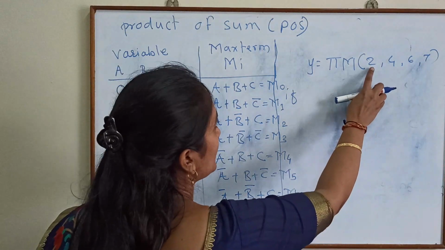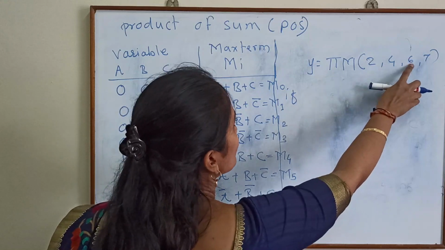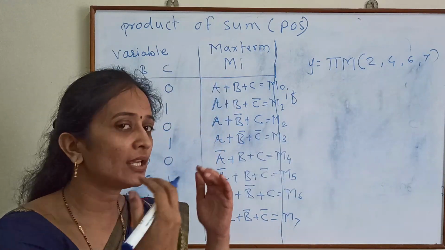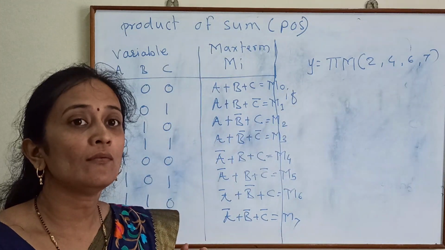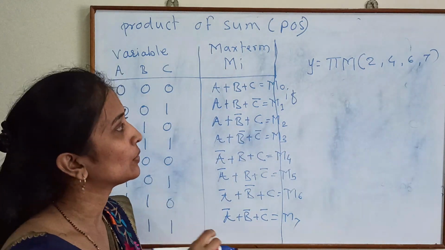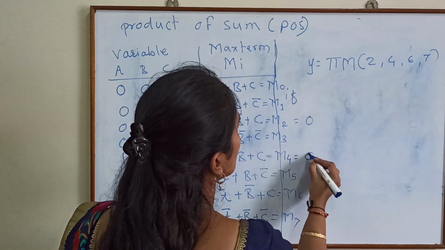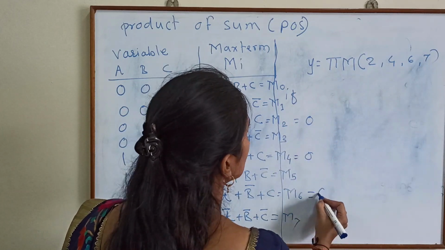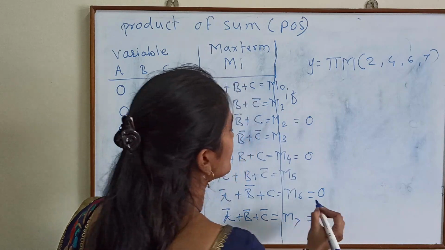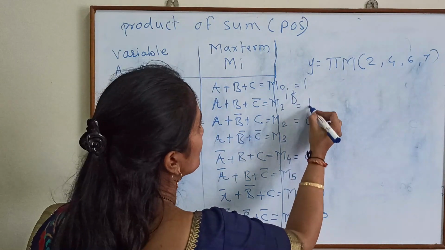First, we will write value 0 for 2, 4, 6, 7. In the previous example, we were taking value 1. Here we have to take value 0. Therefore, M2 is equal to 0, M4 is equal to 0, M6 is equal to 0, M7 is equal to 0, and the remaining will be 1.